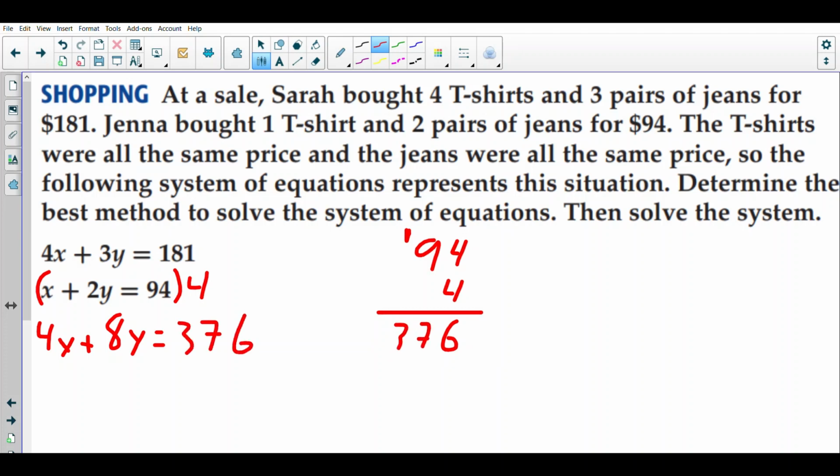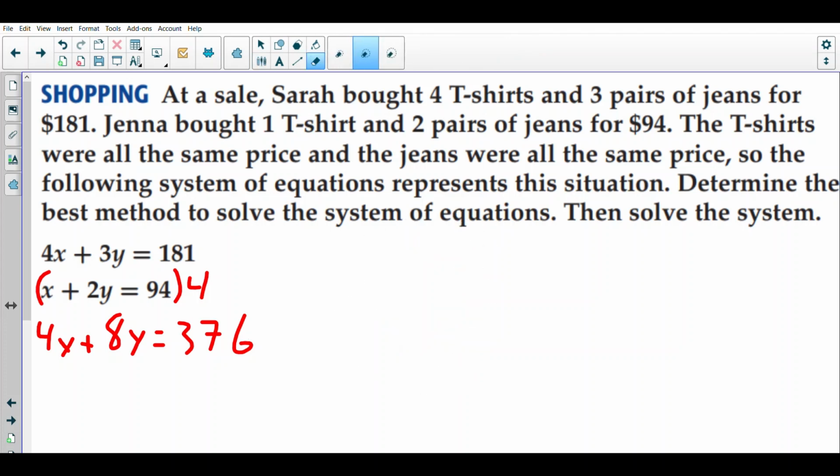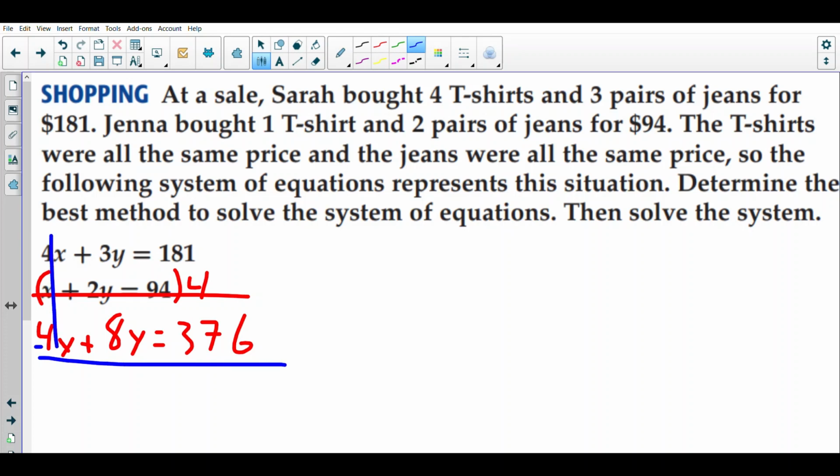Okay, so there we go. We don't need our scratch work. So now I am looking at this. For these equations, all I have to do is subtract them. So 4x minus 4x, they cancel out. 3y minus 8y is 5y, negative 5y, sorry. And 181 minus 376.